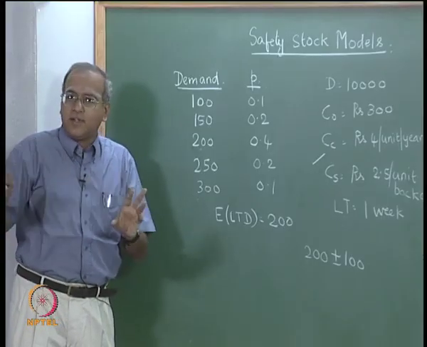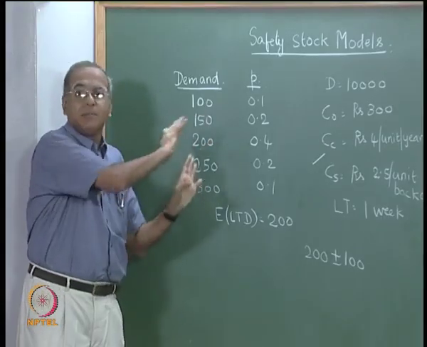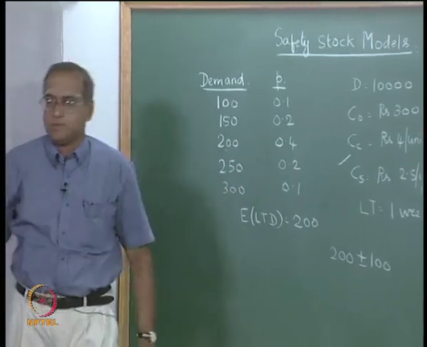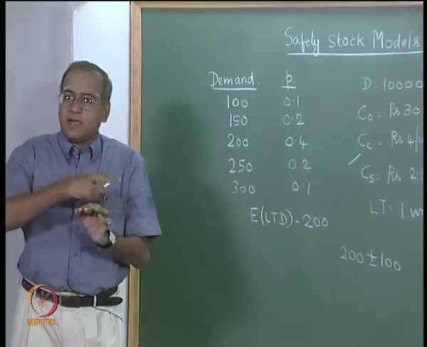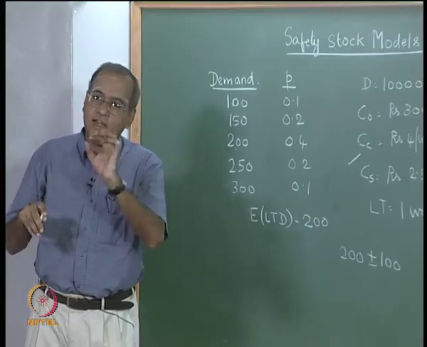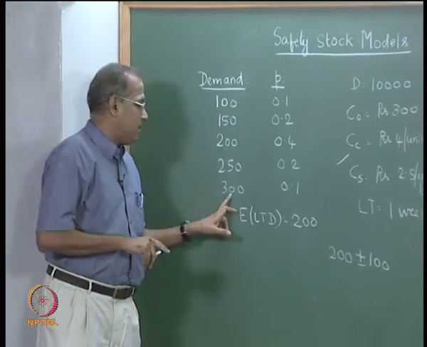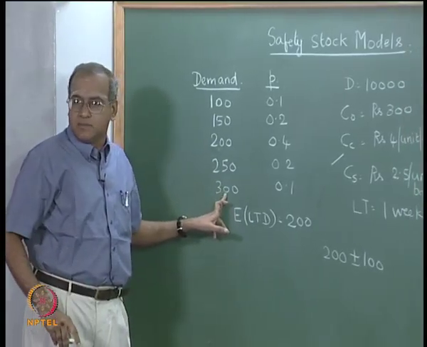So if we try and plot it, we realize that it can be modeled close to a normal distribution. Now when we start modeling it as a normal distribution, the only difference is that the demand can even exceed this 300.